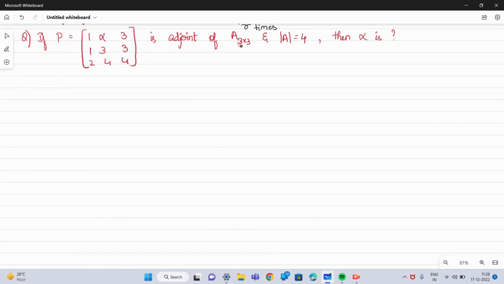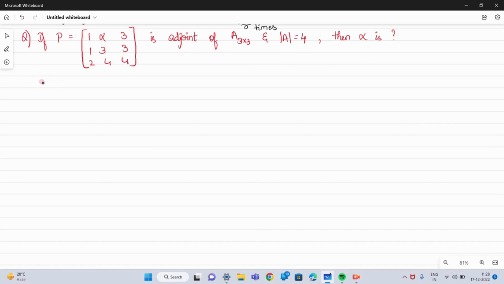The adjoint of A matrix and the determinant are given, and we need to find alpha. So the determinant of matrix A is given, the adjoint of matrix A is given, and we need to find alpha. How to find this?